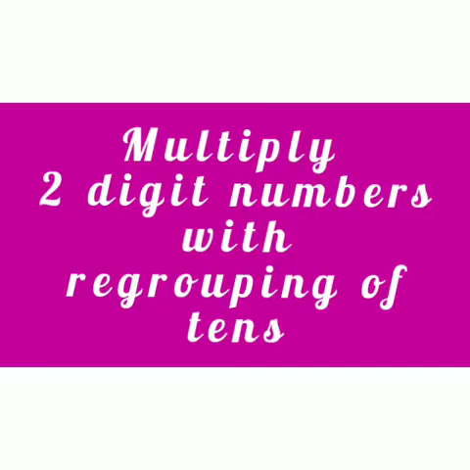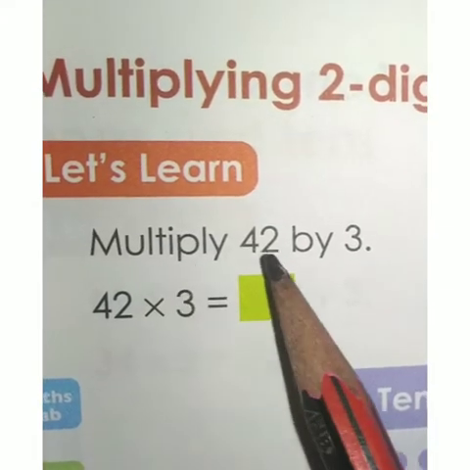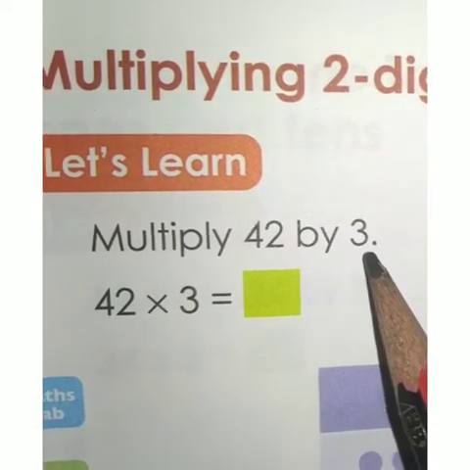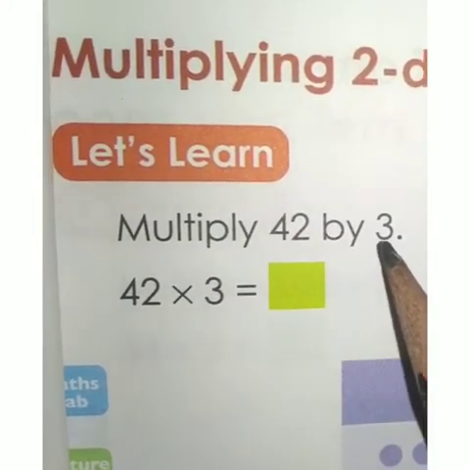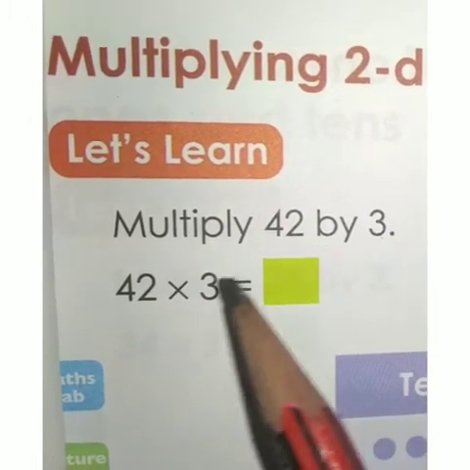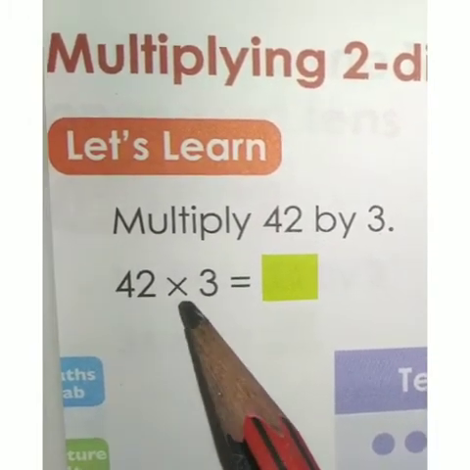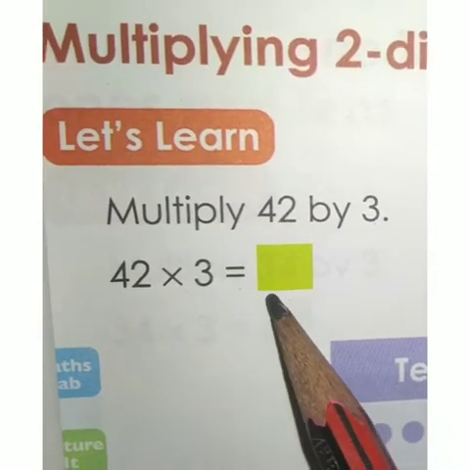Next, let me see multiplying two-digit numbers with regrouping of tens, which means we are going to do regrouping in tens place. Multiply 42 by 3. This should be written in the form of 42 into 3 equal to dash.